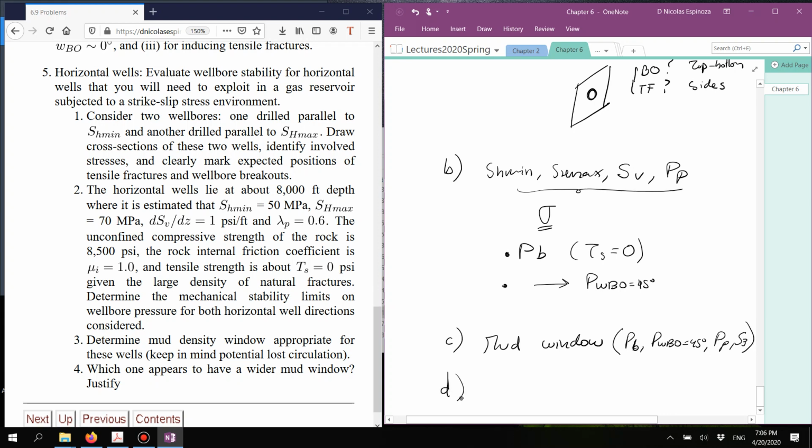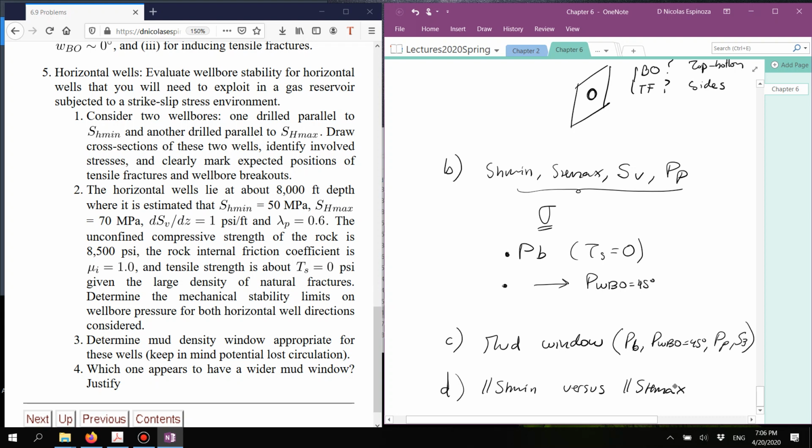The well drilled parallel to SH min versus the well parallel to SH max, and see which is the one that has the wider mud window, or which is the one that has more margin to be drilled. All right, so with this we end the homework for wellbore stability.